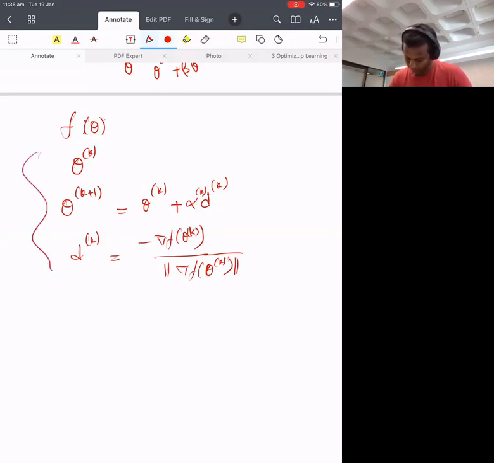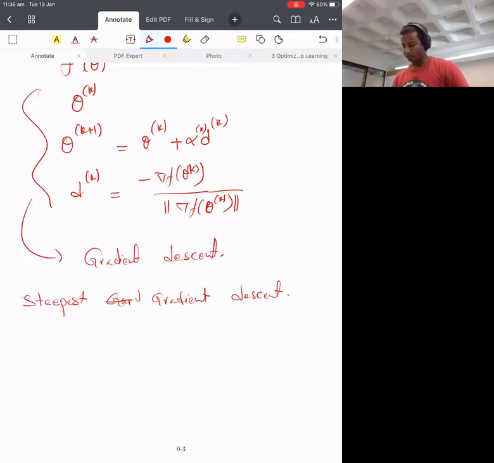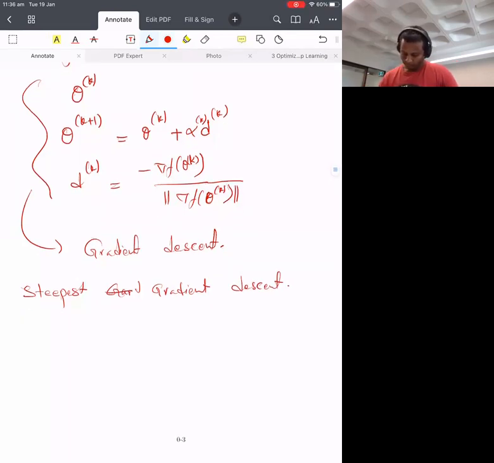But when you call it steepest gradient descent, you can actually allow a very general metric on the space R n. What does that mean?